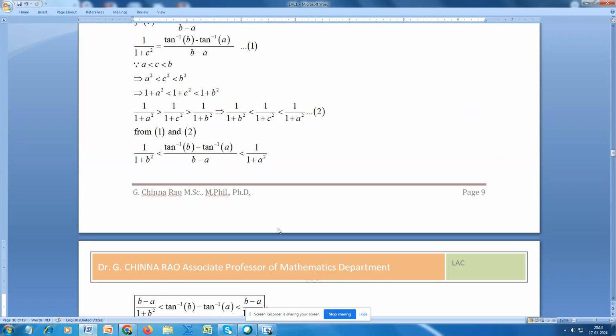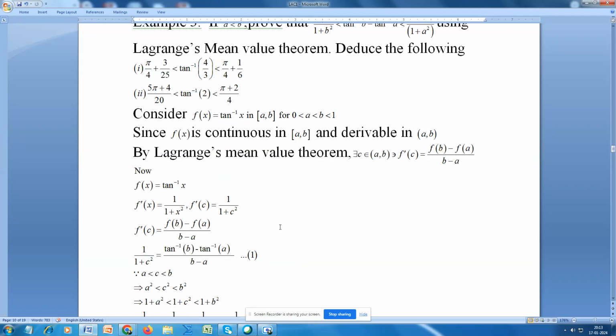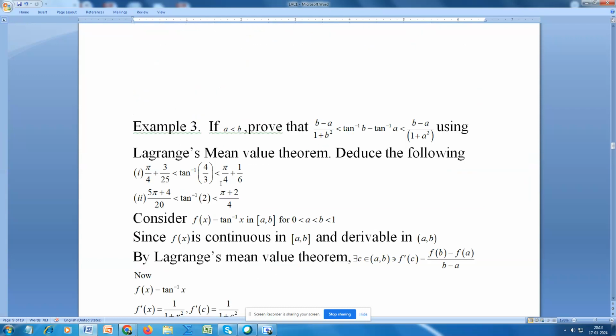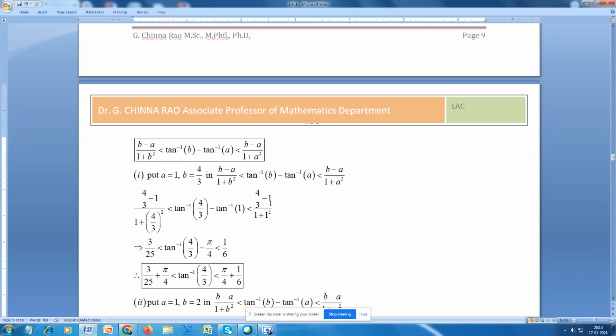Now to get the deduction, π/4 + 3/25 < tan⁻¹(4/3) < π/4 + 1/6. To get this, simply you take the result, put a = 1, b = 4/3.